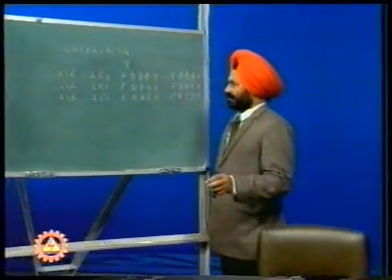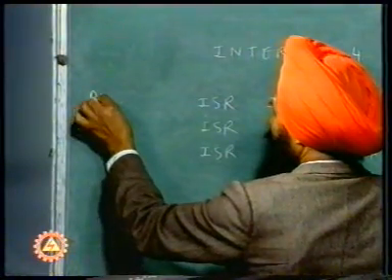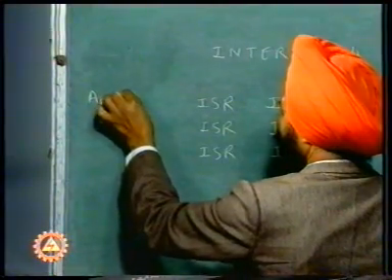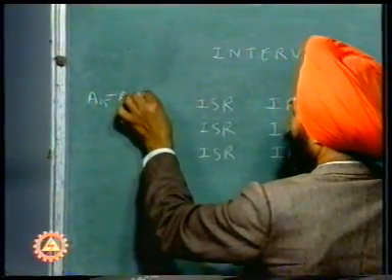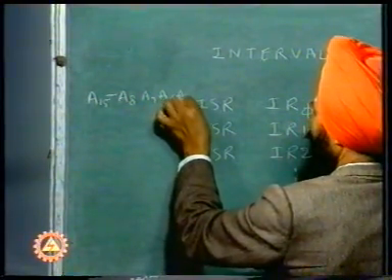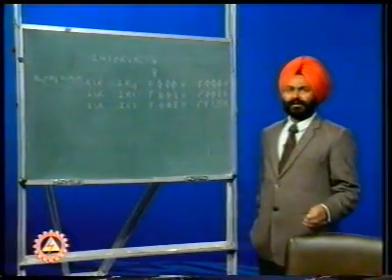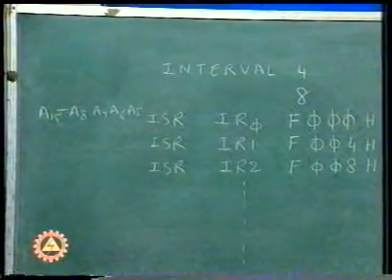So, in this case, we need to provide the address bits A15 to A8 and A7, A6 and A5. All other bits will automatically be generated by the controller.